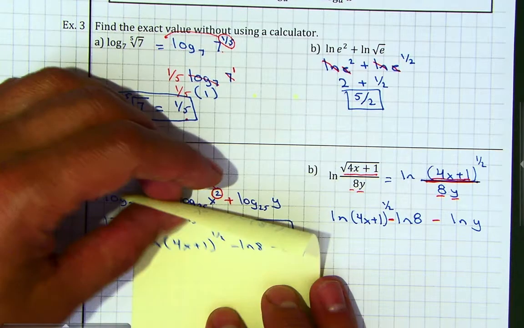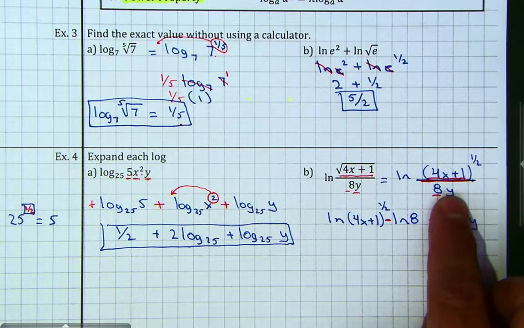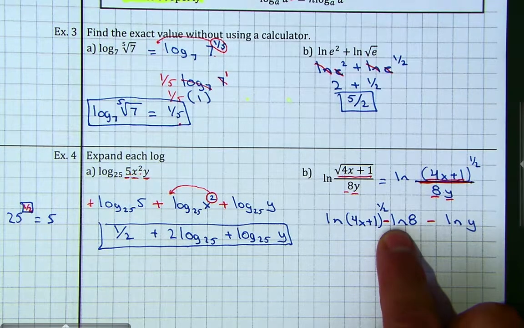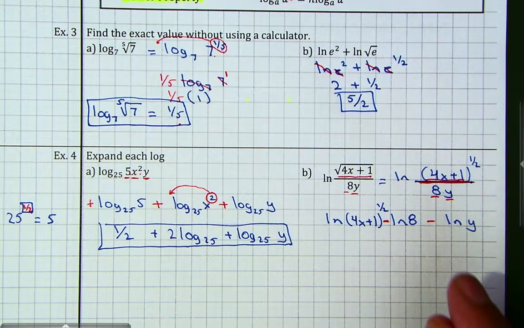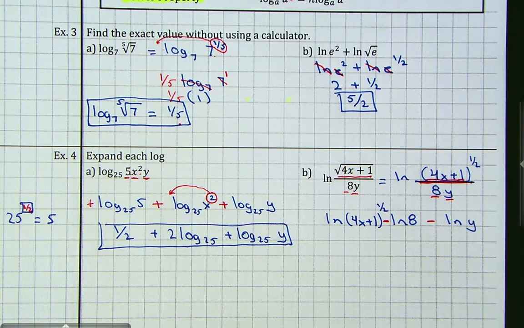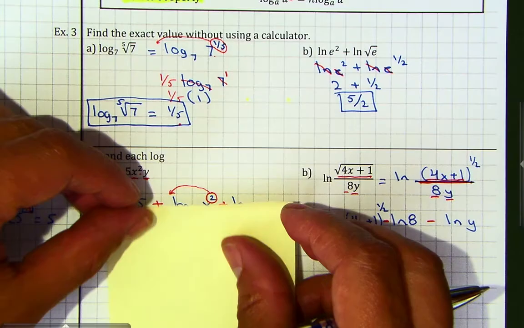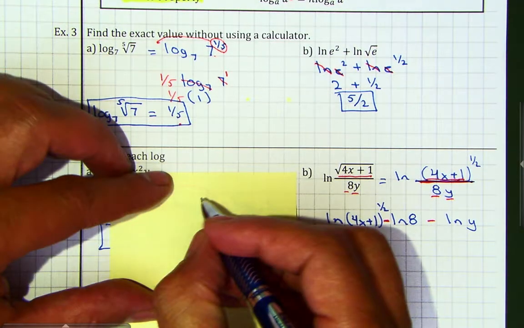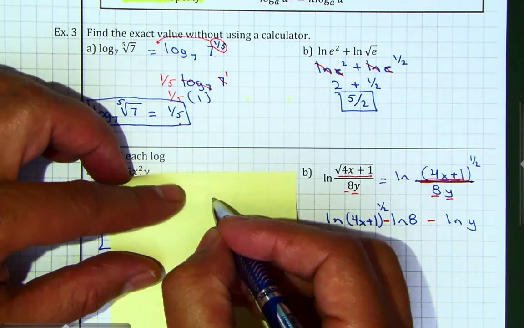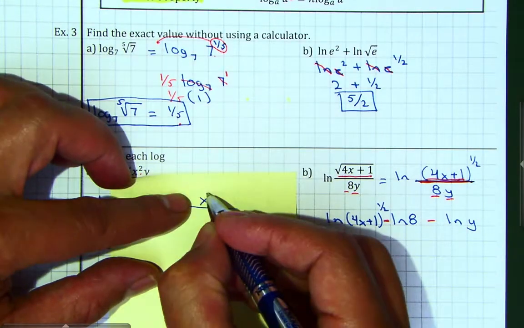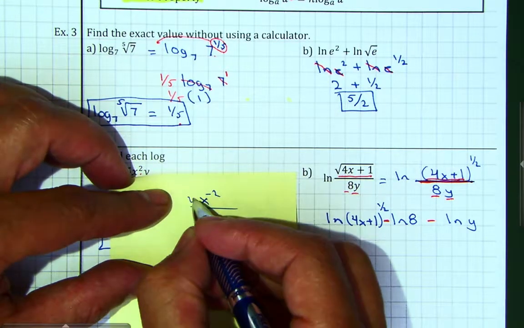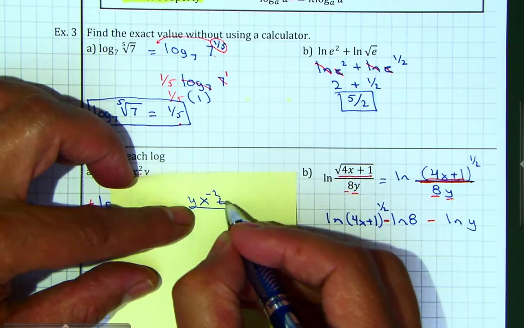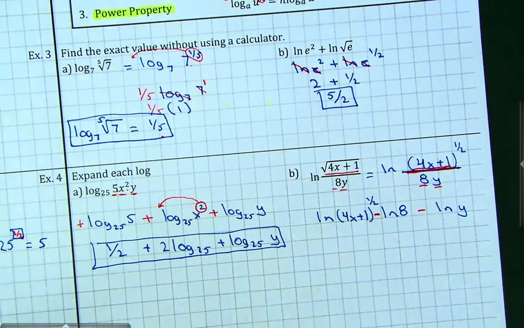But most of the time I prefer that if they're on the denominator, they are having minus. Remember that logs are basically exponents, right? And what happens if you have a negative exponent? Let me do a different example.